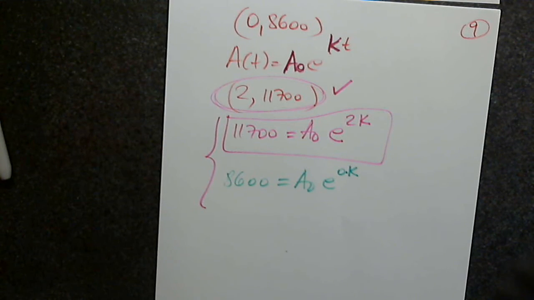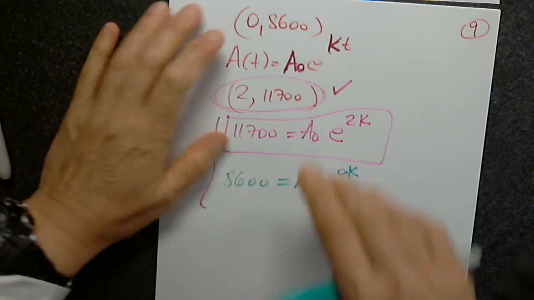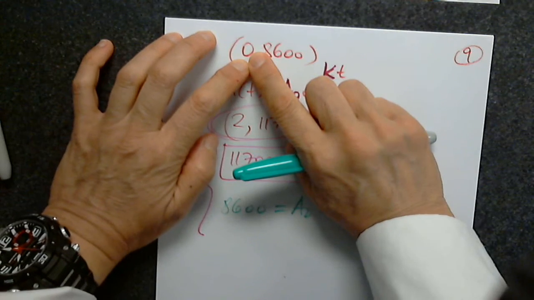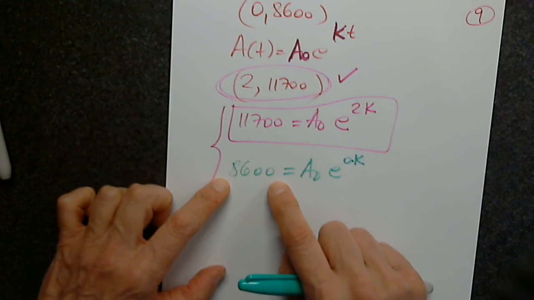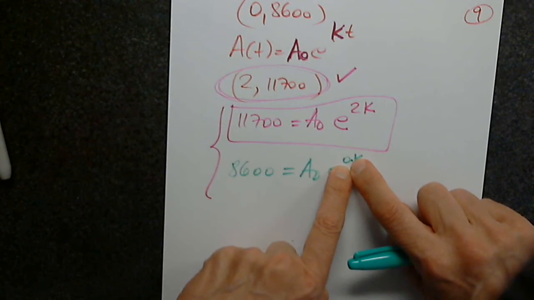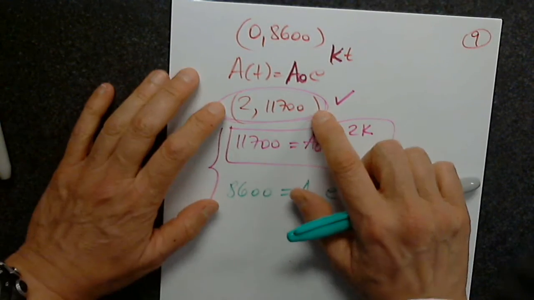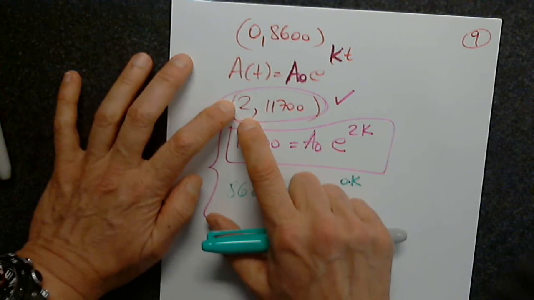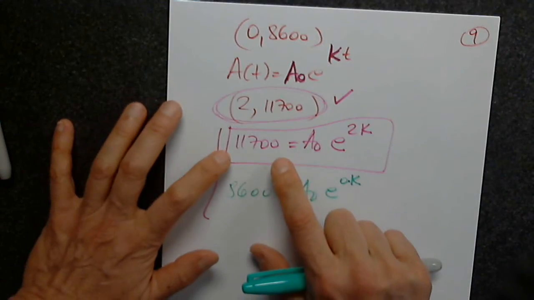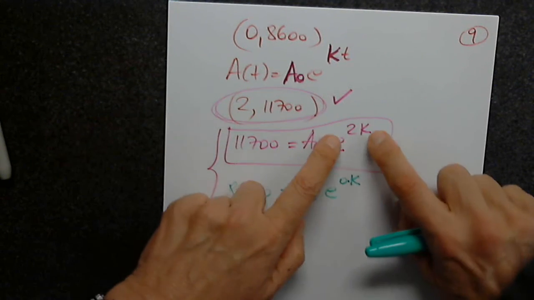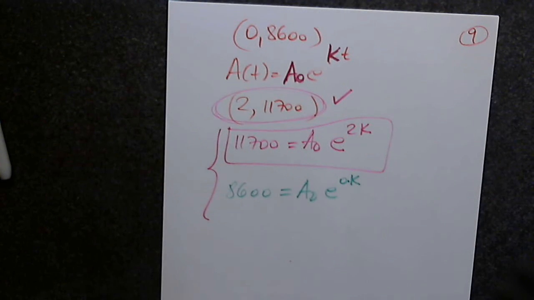Is that for C? So when t is 0, the amount is 8,600. The amount is 8,600 when t is 0. Second point, when time is 2 hours, the amount is 11,700. The amount is 11,700 when time is 2. So what is e raised to 0? 1.